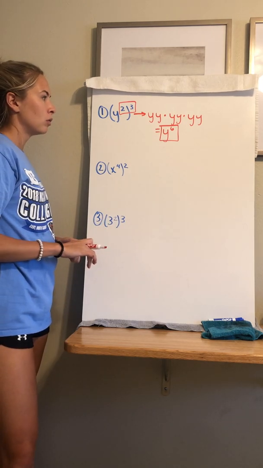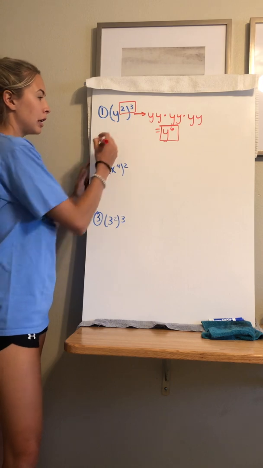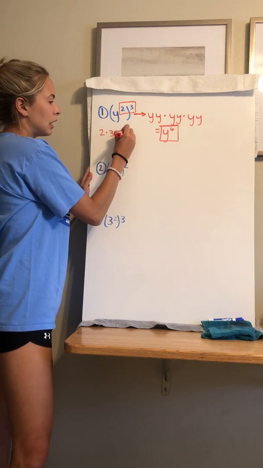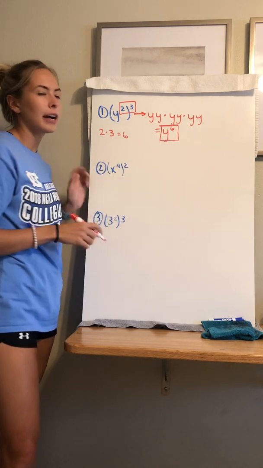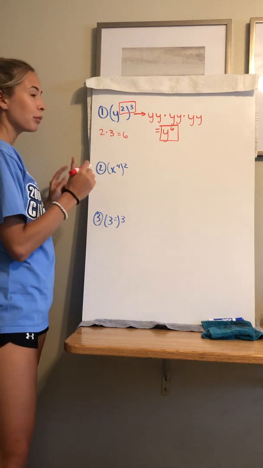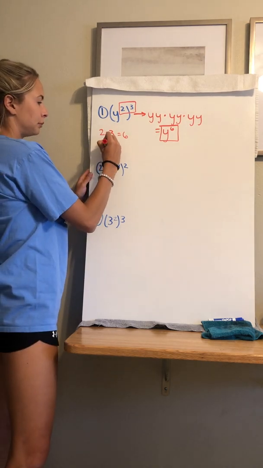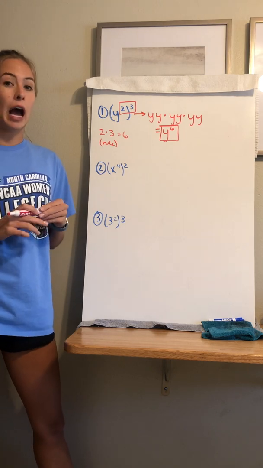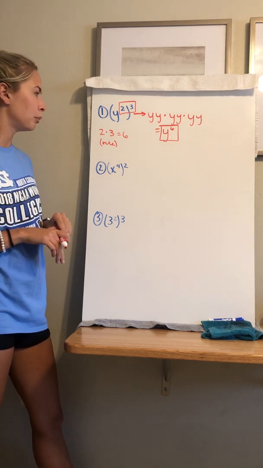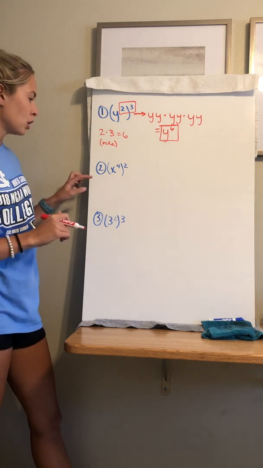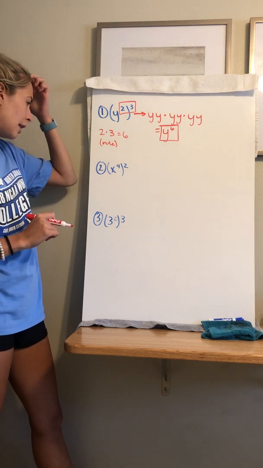Now, notice how 2 times 3, our exponents in the original one, equals 6, which is our exponent in the final expression. So this actually relates to our rule, and that's how the rule works. I'll show you real quick using example 2.